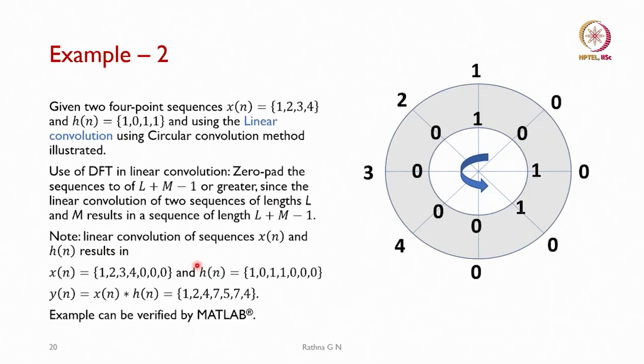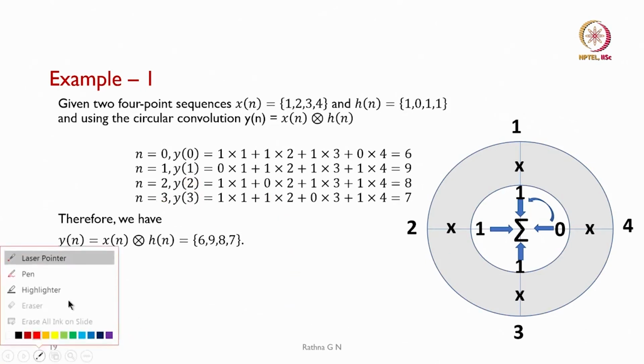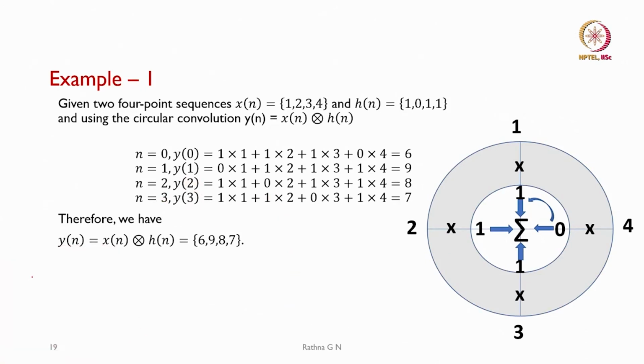So, you will be seeing how we can implement linear convolution. Most of you would have used this method to compute your linear convolution. All of us know that we put x of n here, 1, 2, 3, 4. This is 1, 0, 1, 1 that I can represent. Then I will be multiplying with the 1 into this number.